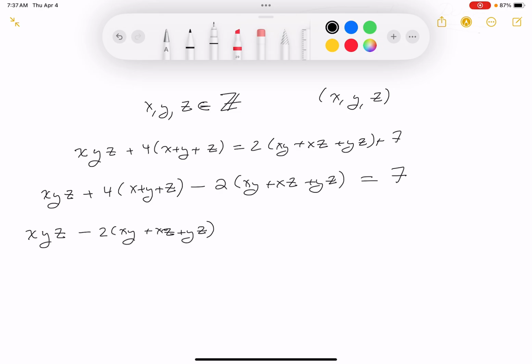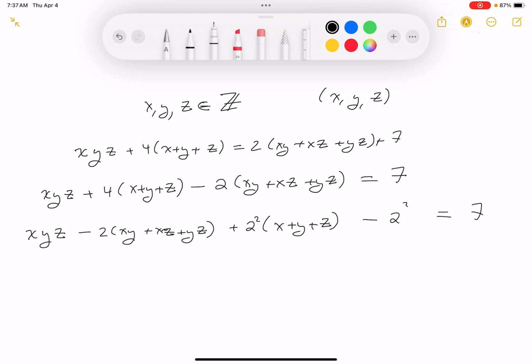And the 4, I'm going to actually write as 2 squared. That's going to be 2 squared times x plus y plus z. Here comes the tough part. There's a missing term there for that to factor out. And I'm going to say, plus and minus 2 cubed. Put that over there.